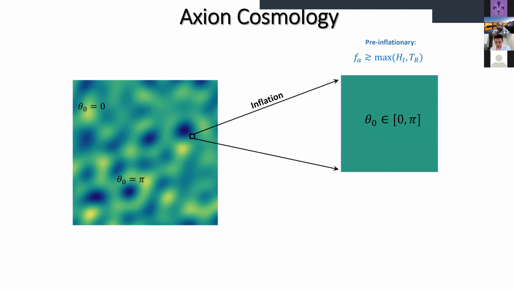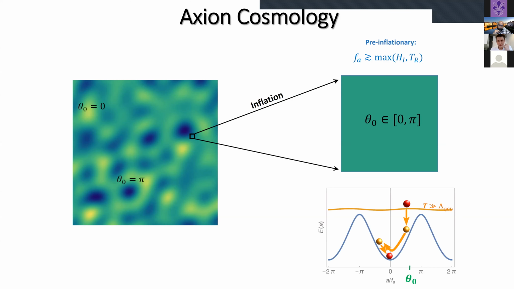And therefore, the field will be practically constant in each Hubble patch, acquiring an initial value, a over Fa, theta 0, between 0 and pi. And the relic density can be calculated in terms of the so-called misalignment mechanism. However, it depends on this initial misalignment angle theta 0, and not only on Fa. And therefore, the scenario is not really predictive in terms of only the Lagrangian parameters.